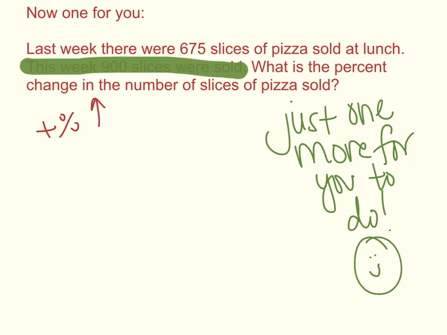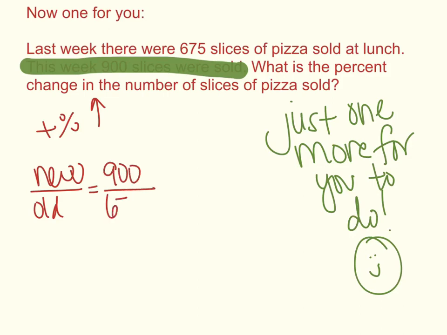And when I figure this out, I'm going to write down that I have my new compared to my old. I have 900 compared to 675. I don't know my percent, but I know that's out of 100.